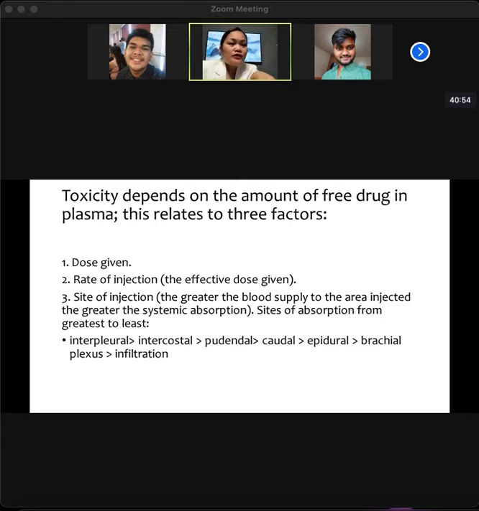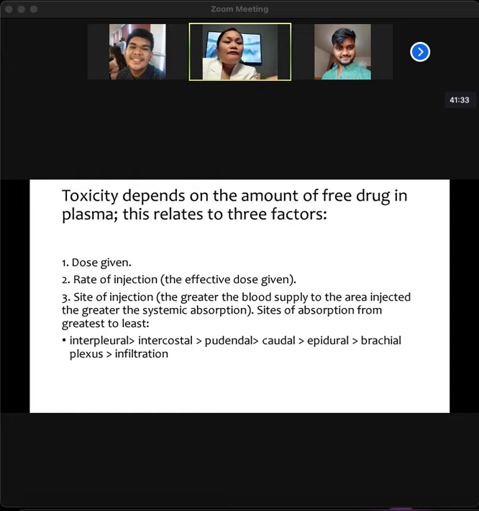The rate of injection, especially when you give local anesthesia through spinal anesthesia, kasi if you give it as rapid as you can, the block would be higher than T4, then the patient might go to high spinal and you will have bradycardia, hypotension, and the patient might not breathe on himself. Okay? And also the site of injection. The greater the blood supply to the area injected, the greater the systemic absorption, as what I have told you a while ago.